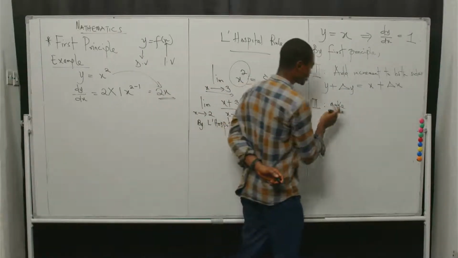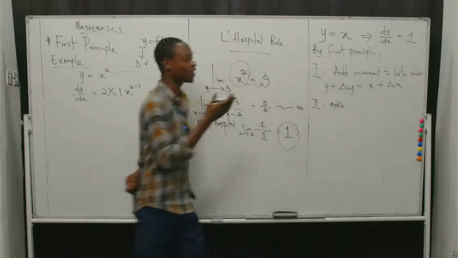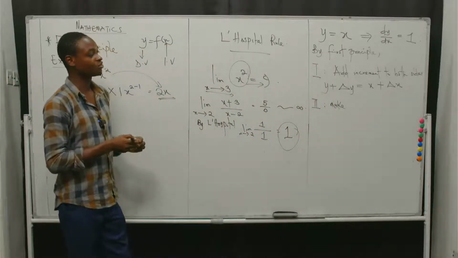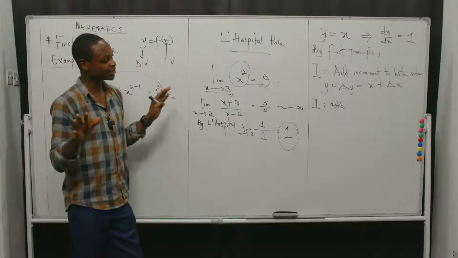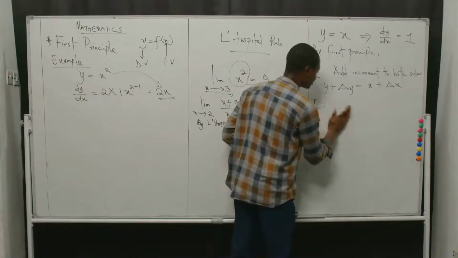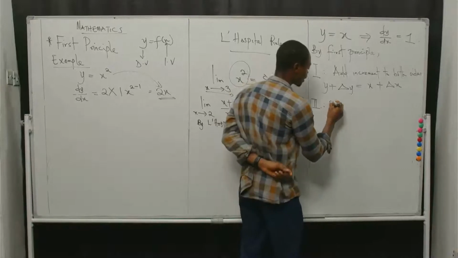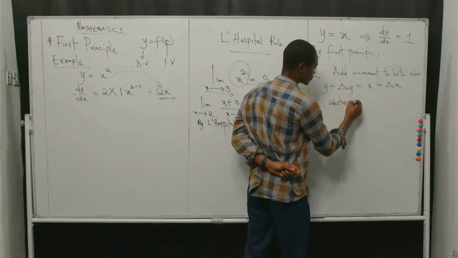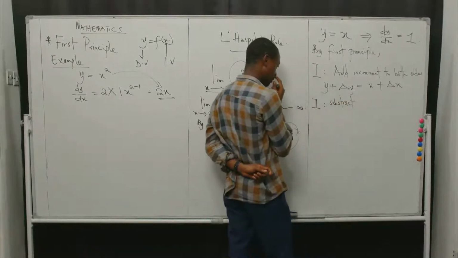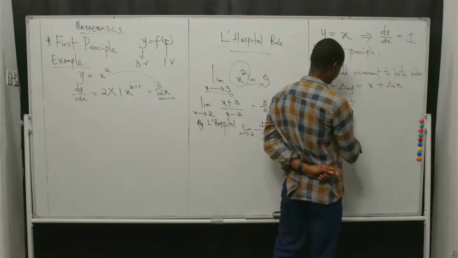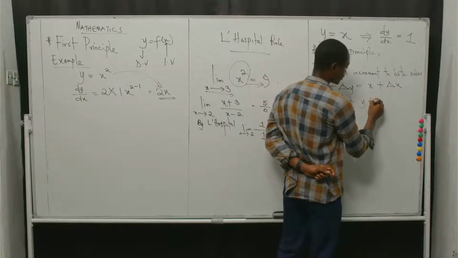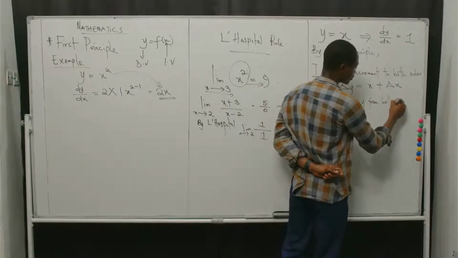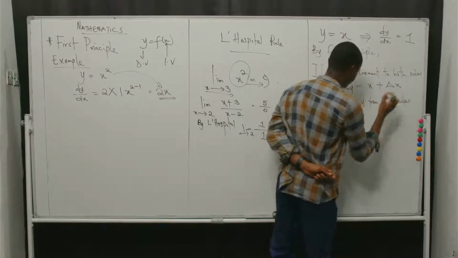The next thing is, I can say we make delta y the subject of the formula, but instead of doing that, let's take it step by step. Let's subtract y from both sides.